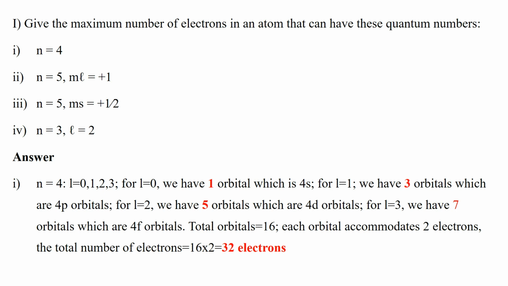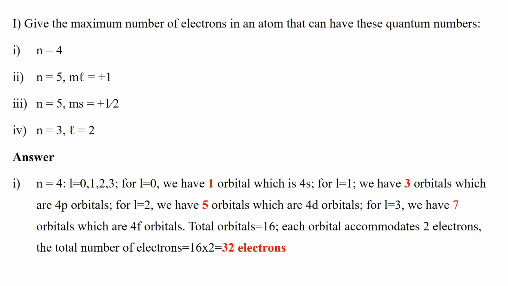For l is equal to 2, we will be having 5 orbitals: minus 2, minus 1, 0, 1, and 2. For l is equal to 3, we will be having 7 orbitals. Then in total we have 16 orbitals. Each orbital accommodates 2 electrons. That means we will be having a total of 32 electrons for n is equal to 4.